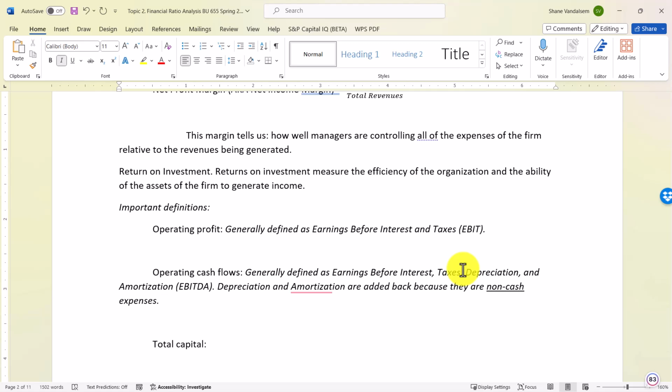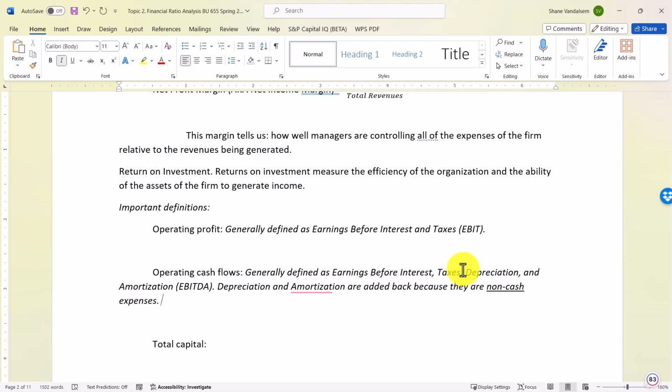So if you see cost of goods sold, at some point in time, that company is going to pay cash for that inventory that they bought. But when you see depreciation expense, they're not actually making a check out to depreciation. They're recognizing the loss in value of a fixed asset over time. So it's added back when we calculate the operating cash flows because it's a non-cash expense.